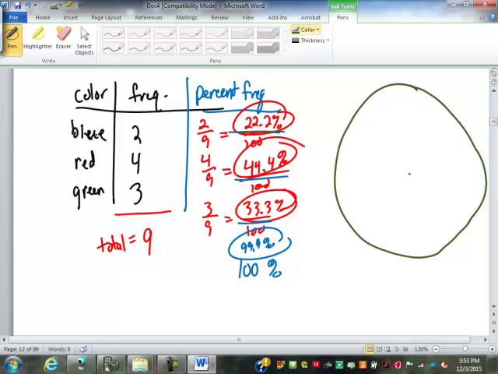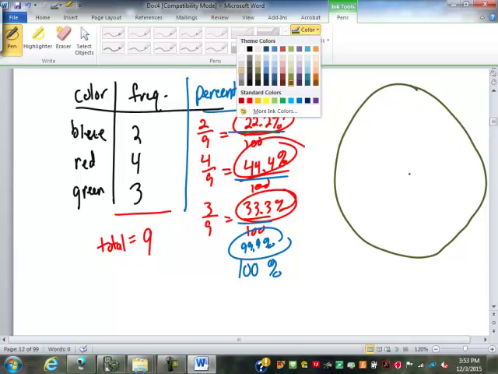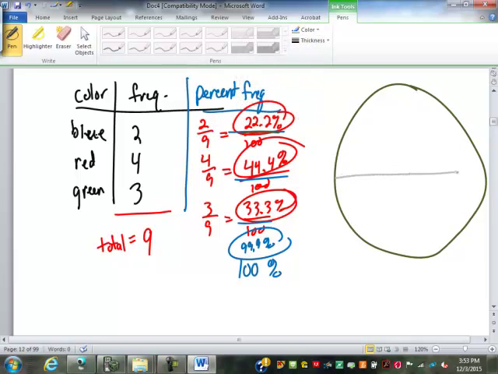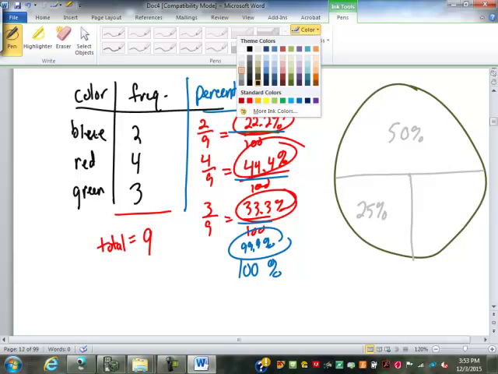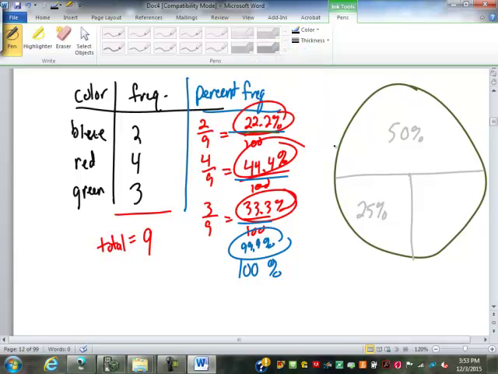But what I do want to make sure that you realize, half a circle is what percent? 50%. A quarter of a circle is 25%. Using those benchmarks, we can put the rest of this in. 22.2 is a little bit less than 25, right? So maybe like that.